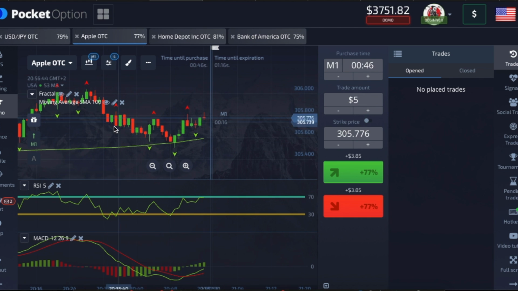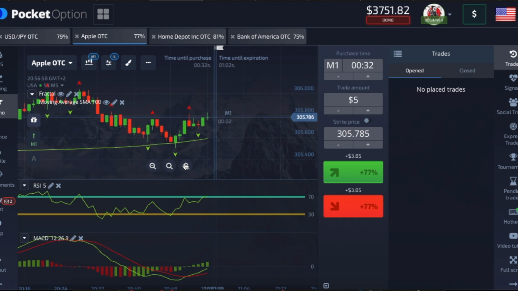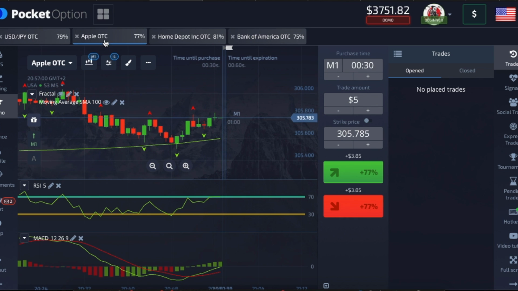Right now I'm looking at Apple, and I basically have them set on different time frames. So this is basically saying that it's going to take 1 minute for the candle here to go ahead and break. Now see what's taking place. It's going down.